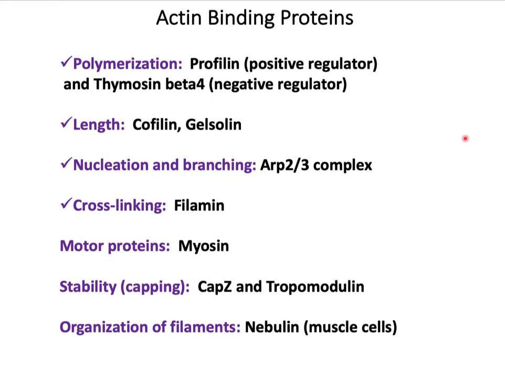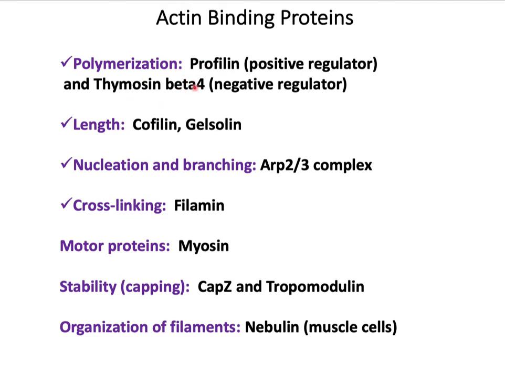The filaments are interesting in themselves, but it is really the proteins that interact with these filaments that help to regulate the function and mediate the roles of actin in the cell. There is a very large group of actin-binding proteins within the cell that can be placed in the following categories. There are proteins that regulate the polymerization of actin, and these include profilin and thymosin beta 4.